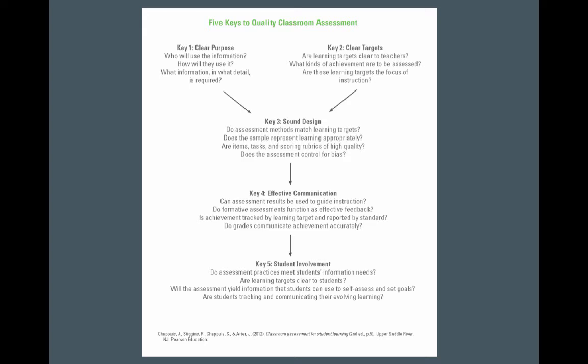Who is going to be using the information? Because that will tell us whether we want to have a formative assessment or a summative assessment or a diagnostic assessment. How will the information be used and what detail is required for this particular assessment.